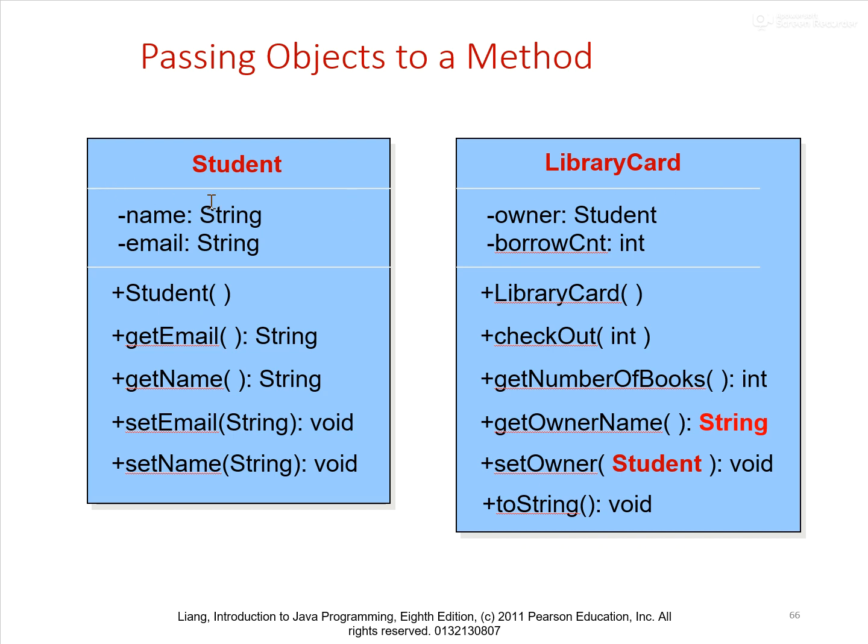The student class contains as its data members a variable called name, which is just a string, and an email address, also a string, for that student. We have a student constructor, of course, and we're going to keep this very basic.